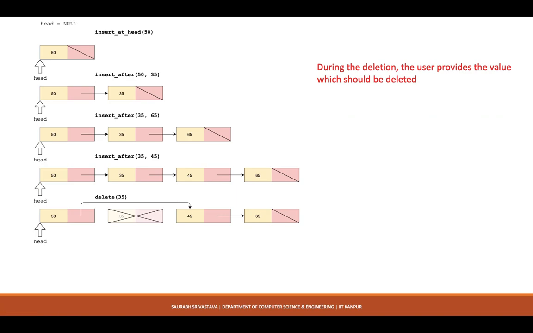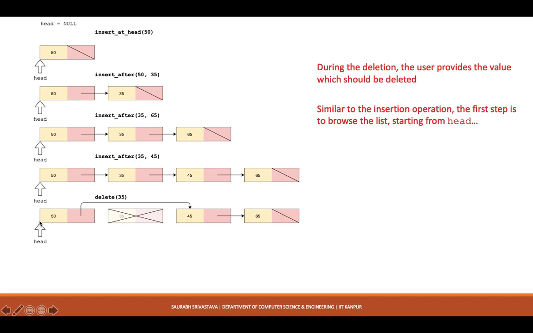During the deletion, you give me the exact value that you want to be deleted from the list. Similar to insertion, you start browsing the list, going from left to right, or top to bottom, however you imagine it.